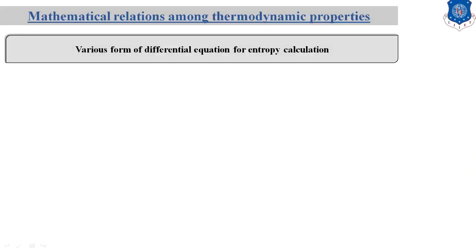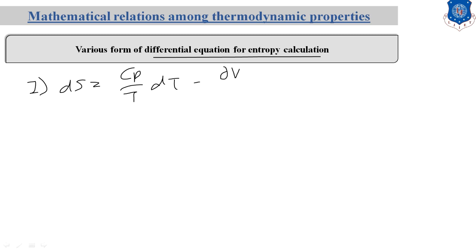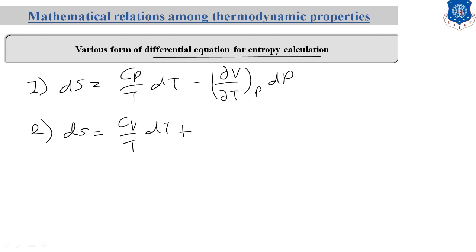There are mainly three types of differential equation for entropy calculation. The first can be given by dS = Cp/T dT - (∂V/∂T) at constant pressure dP. The second equation is dS = Cv/T dT + (∂P/∂T) at constant volume dV.